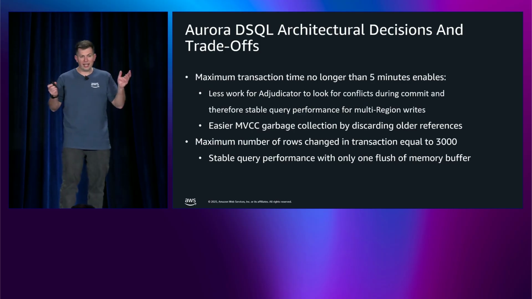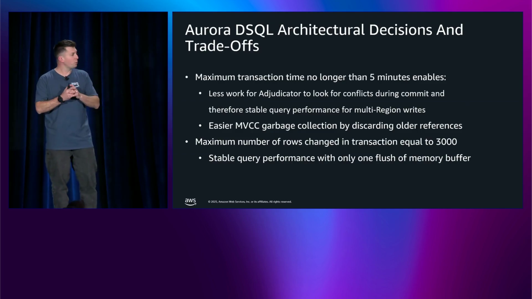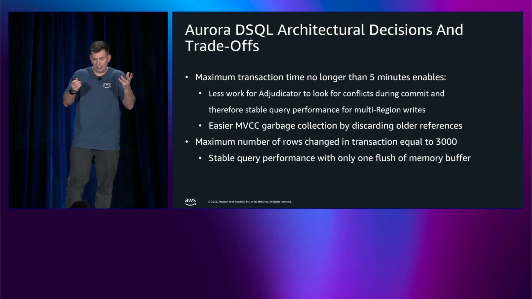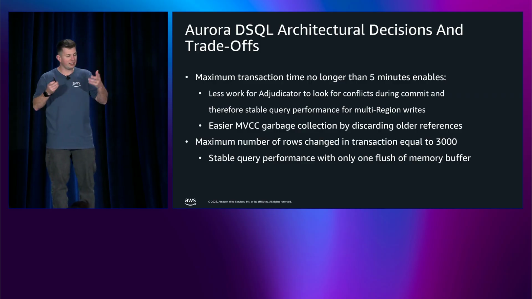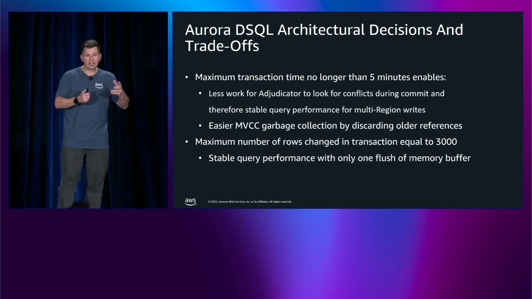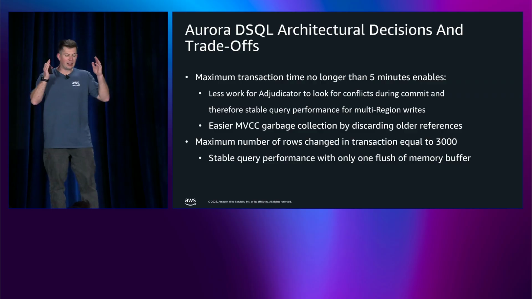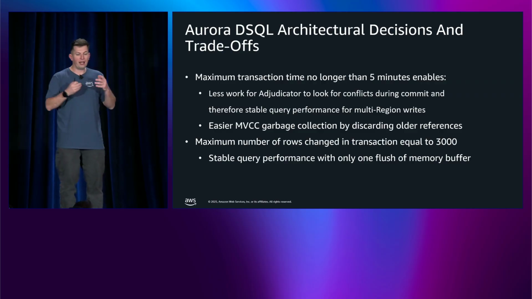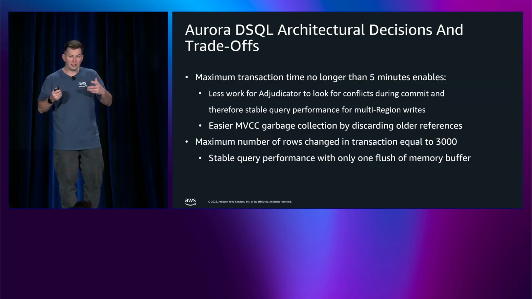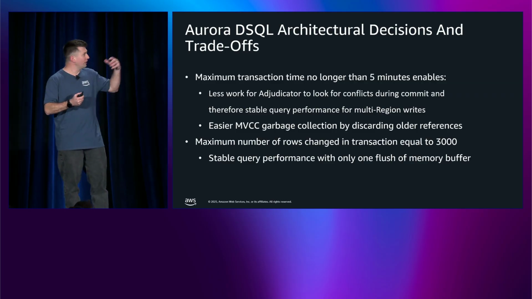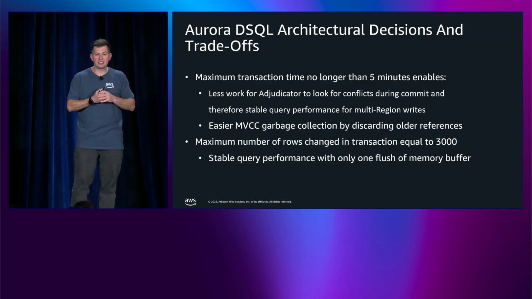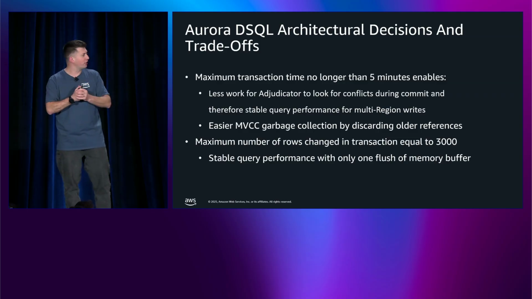And as in any serverless service, we currently have some constraints that are needed to get better performance and better results. For example, the 5-minute transaction length allows us to get better write consistency and better performance when the adjudicators need to decide and resolve conflicts.